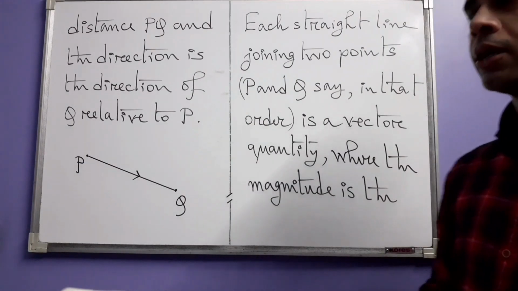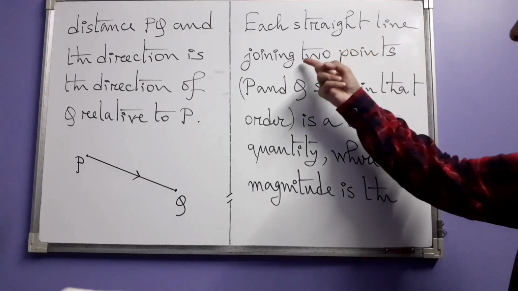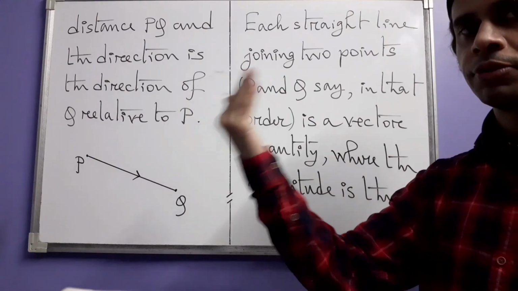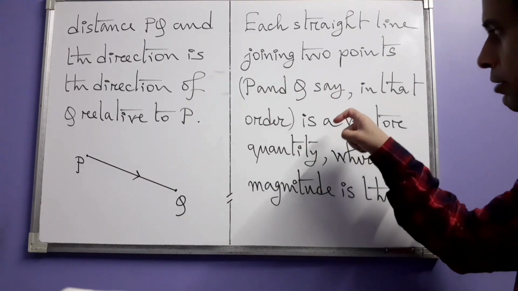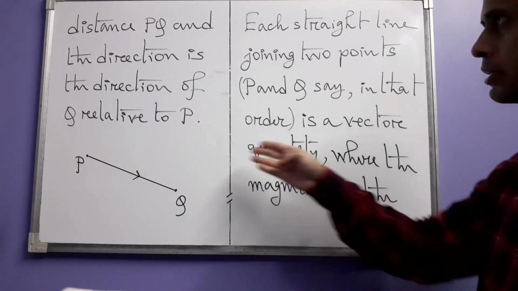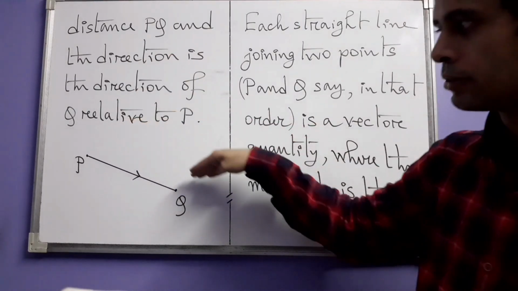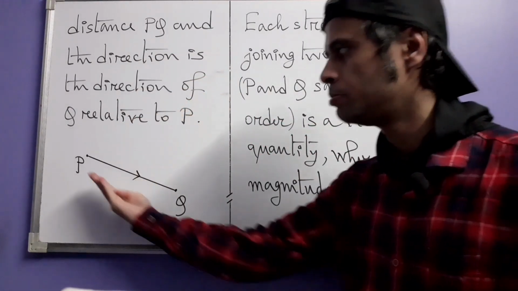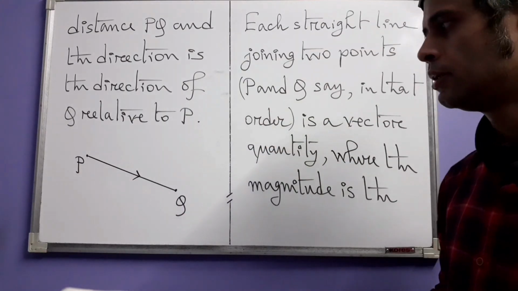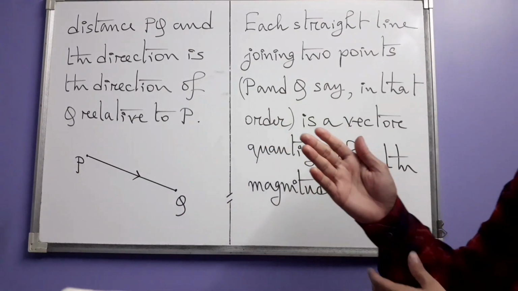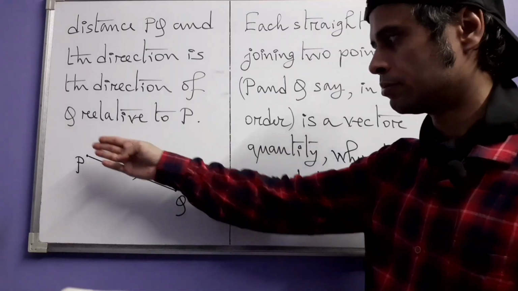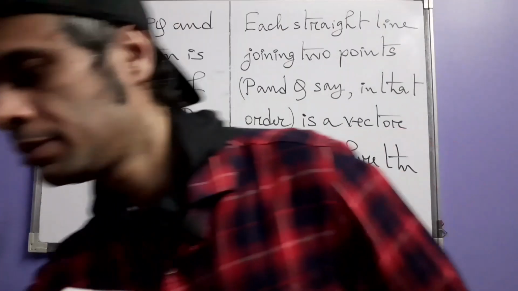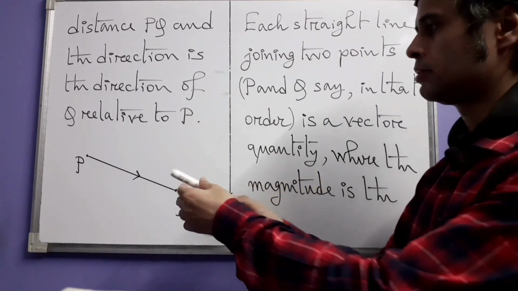And in this model, each straight line joining two points P and Q, say in that order from P to Q, is a vector quantity where the magnitude is the distance, that is the length of the straight line, and the direction is the direction of Q relative to P, that means in this direction. And it can be any line, not only on the surface of the board, but any line in space.